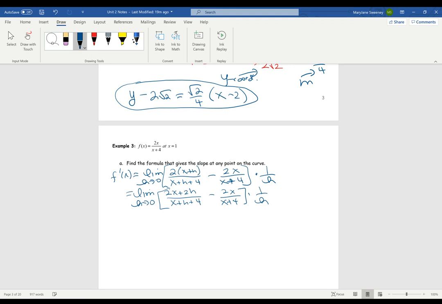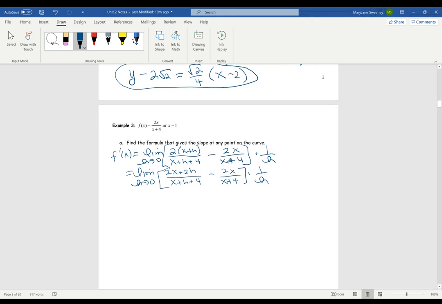Now, let's think about it. How would I subtract those two fractions? I would need a common denominator, right? That's how you subtract fractions. So I have to make a common denominator of x plus 4, x plus h plus 4.